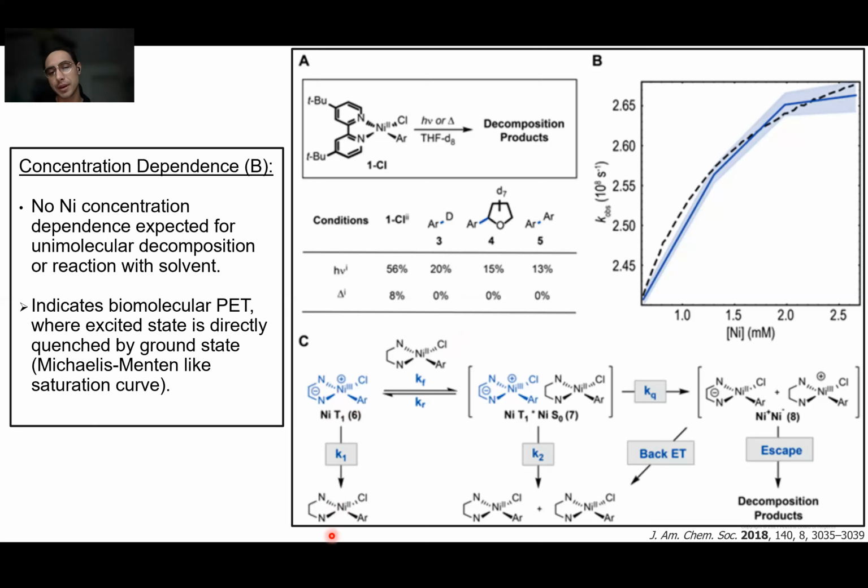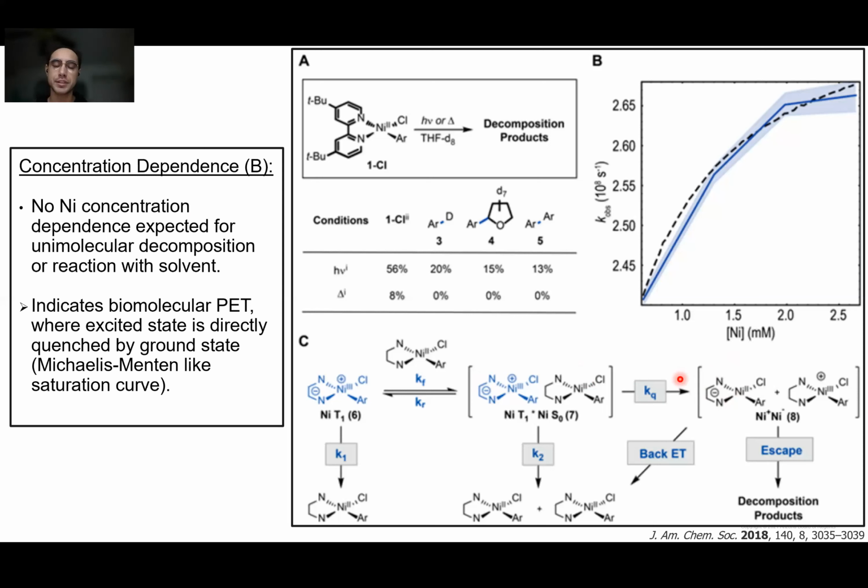You can relax all the way back down to the ground state, or you can form this excimer with another ground state complex, which can decay back down to two ground state complexes, or an electron transfer event can happen between these two complexes to form a nickel 3 version of this ground state complex, and then a nickel 2 version of your excited state complex, where the ligand is still reduced, right?